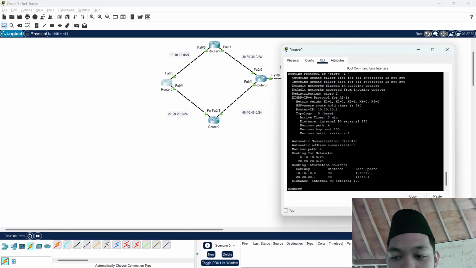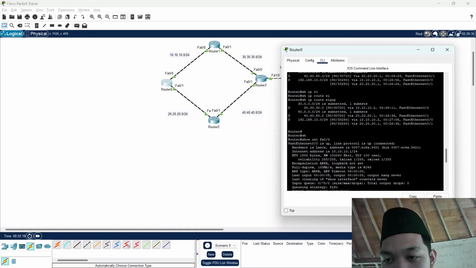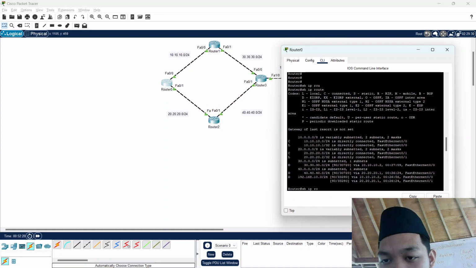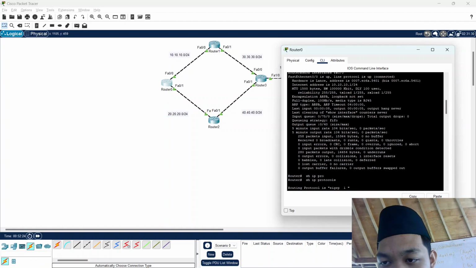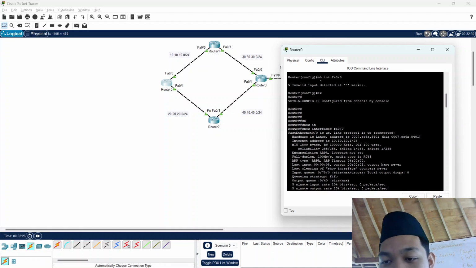If you look at the bandwidth, the delay is 100 plus, and why is it 200?